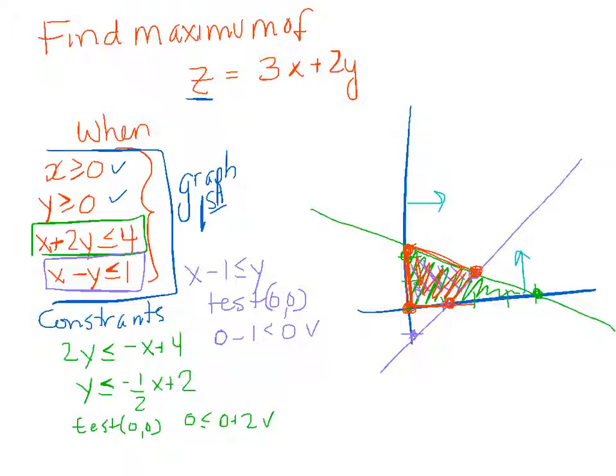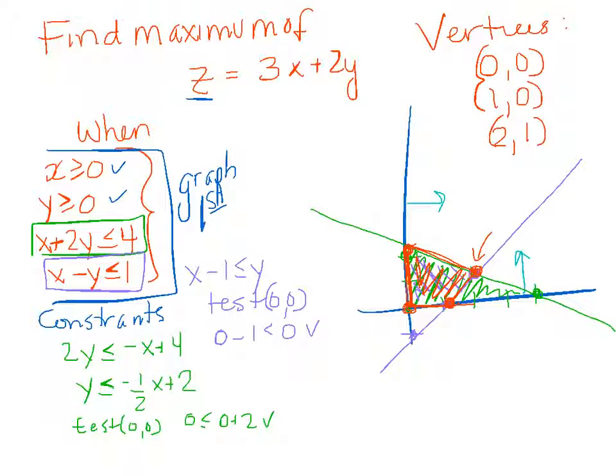Obviously I've got vertex 0, 0, that one's pretty obvious. This vertex, I can pretty well tell from my graph, was 1, 0. This one here sure looks like 2, 1. And this one looks like 0, 2. If I was careful, if I had really good graph paper, I would know for sure.